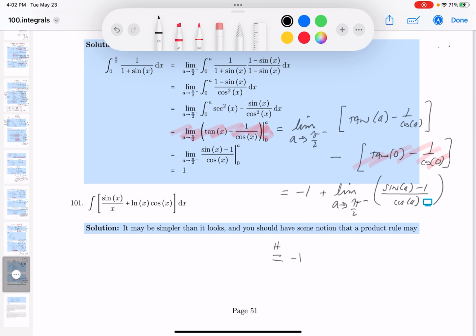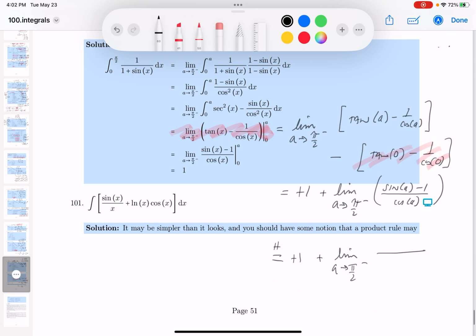So minus 1 plus the limit as, let's see. You know what? It's not minus 1, it's plus 1. Sorry about that. Because cosine of 0 is going to be 1, and it's minus a minus 1, plus 1. Tan is 0, so 0 over 0, L'Hopital's rule. And a goes to pi over 2 from the left.